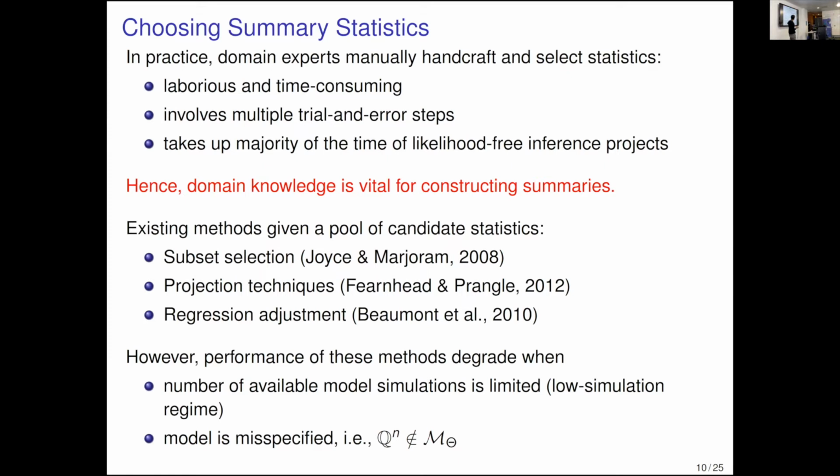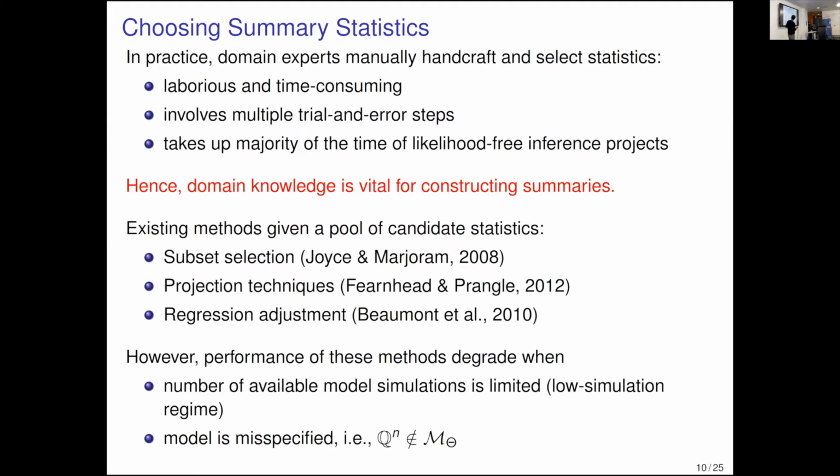Or you could do projection techniques, where you project this higher dimensional space of statistics onto a lower dimensional and more informative space. The other one is regression adjustment. It's not exactly a subset selection technique, but it's a conditional density estimation that you could use. This we'll talk about more later on.